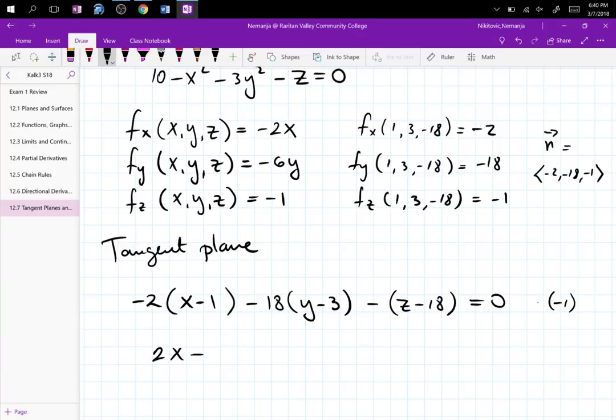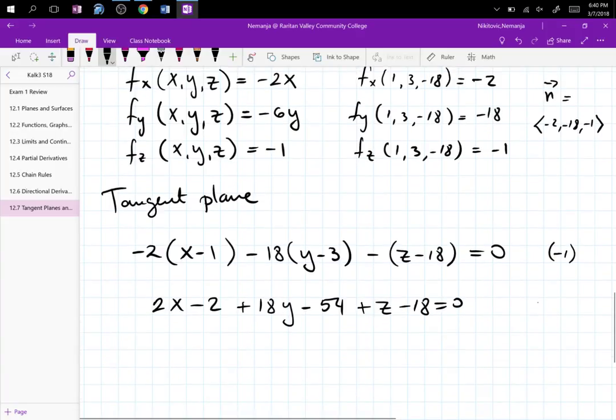So you have 2x minus 2 plus 18y minus 54, and this is positive in front again because of the negative 1 over there. We just have plus z minus 18 equal to 0, for a total of 2x plus 18y plus z equal to, what do I have?